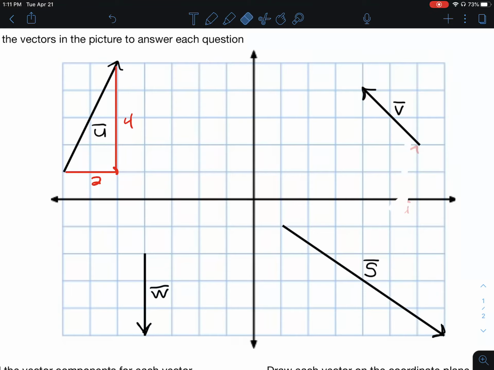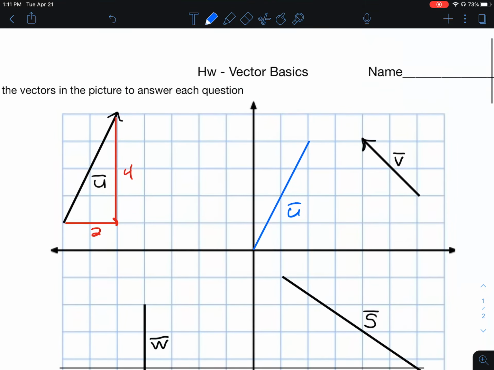Let me start this over. Let's say we started with u here at the origin, and I went right 2 and up 4. Put me here. Then if I add v to that and I go up to the left 2, it's going to put me here.